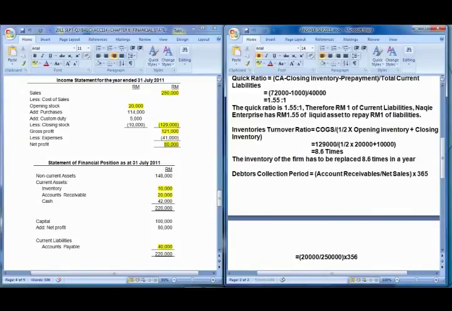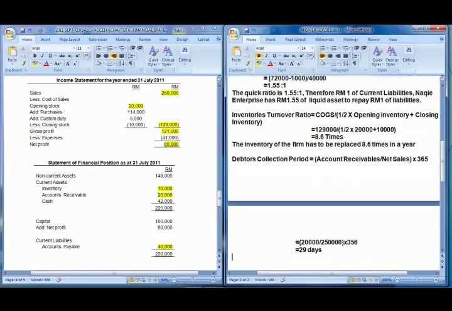Okay, Saida, can you calculate the answer? So the answer is 29 days. So for the conclusion, remember to write this. Naki Enterprise takes 29 days to collect debt from its account receivable.